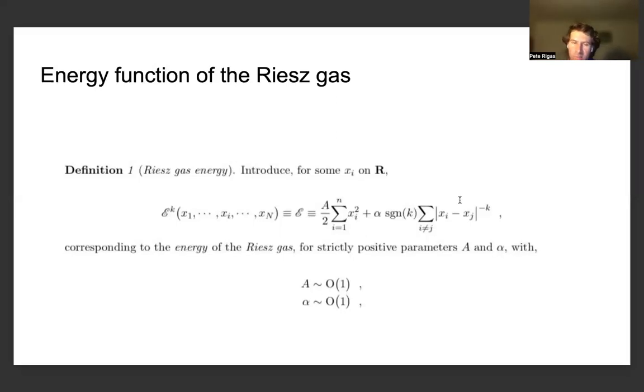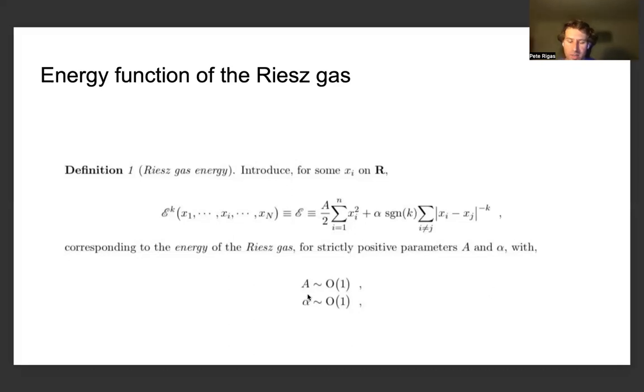And we're going to be looking at the positions x_i for some collection of positions on the real line, from which the energy function of the Riesz gas, which is given by E_k of these N points, is given by A over 2 times the sum of the squares of each one of the positions of the particles on the real line, plus alpha times the sign of k times a summation for i not equal to j of the absolute value of x_i minus x_j raised to the minus k. And so this energy function is going to correspond to the energy of the Riesz gas.